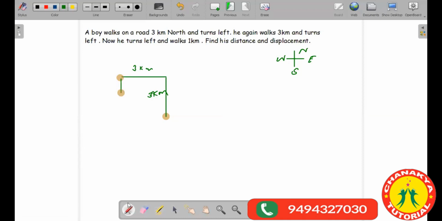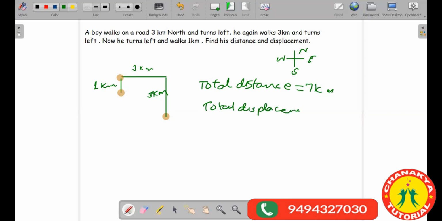Now you have to find out your total distance and displacement. What is the total distance here? How much is the total distance traveled? 7 kilometers. Okay. And what is the total displacement?